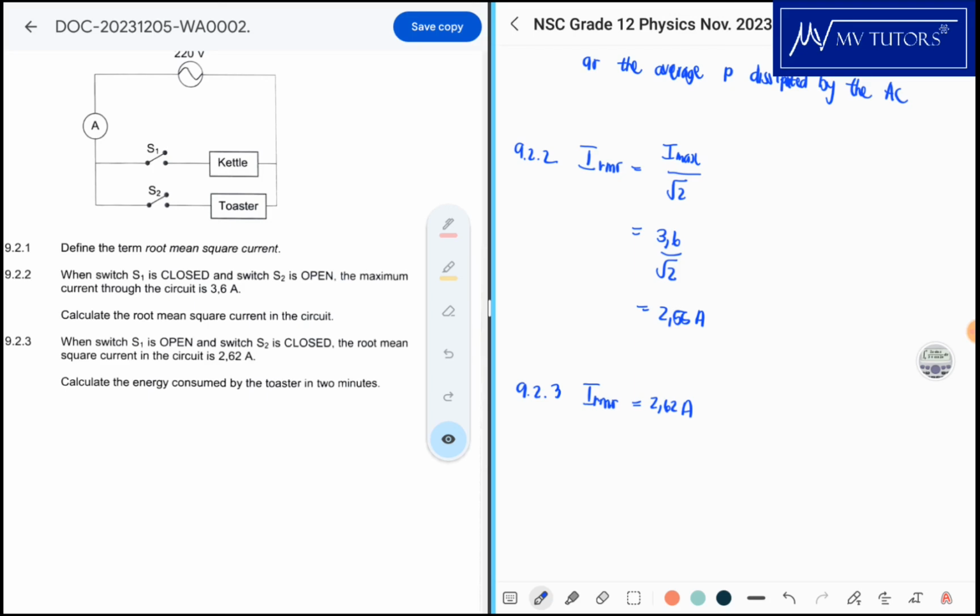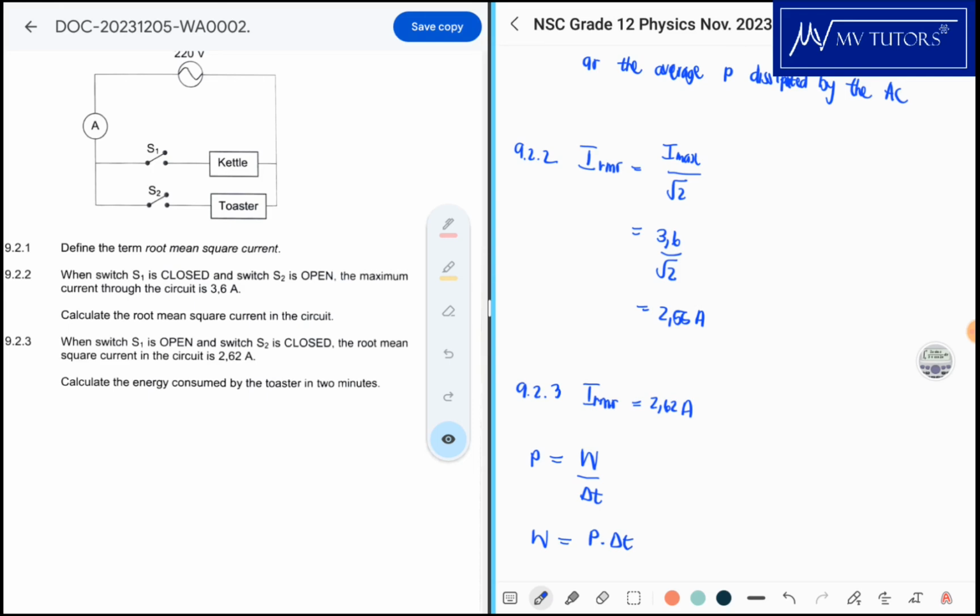So whenever we think about energy, I think about the power equation, where power is work done per unit time, right? But since they're asking for energy, if power is work done per unit time, it means the energy is equal to power times time.